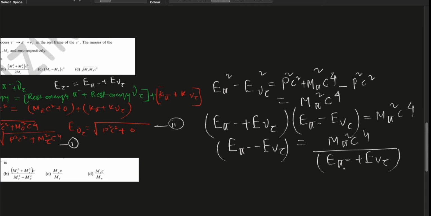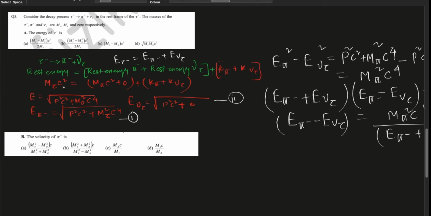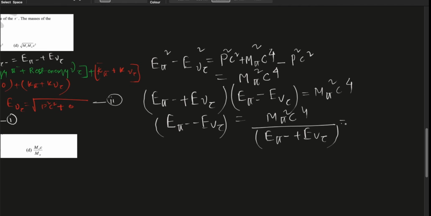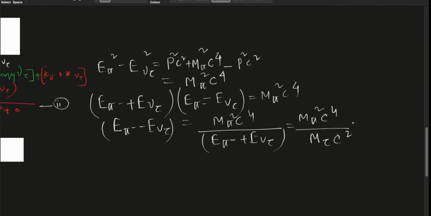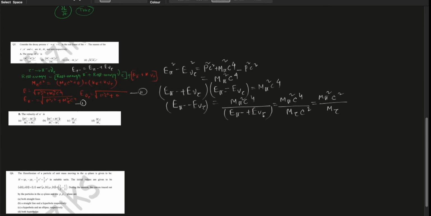This value we easily get from the other equation, that is m tau c square. So I can write m pi square c to the power 4 by m tau c square, which becomes m pi square c square by m tau. This is the value of E pi minus E neutrino.